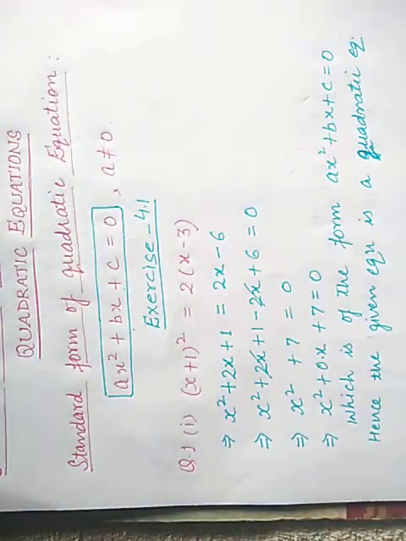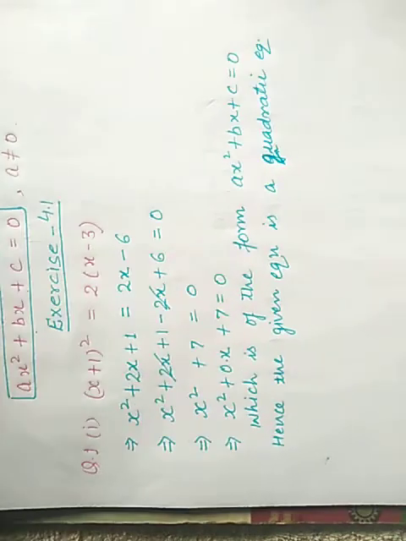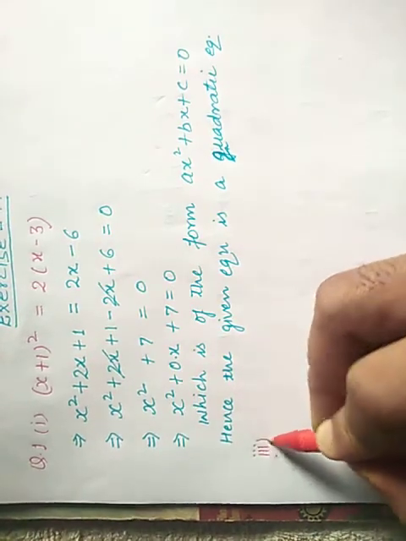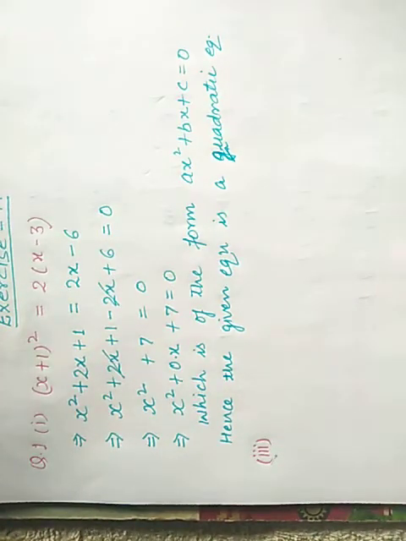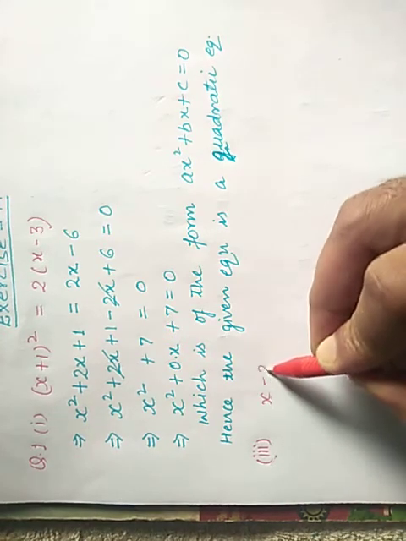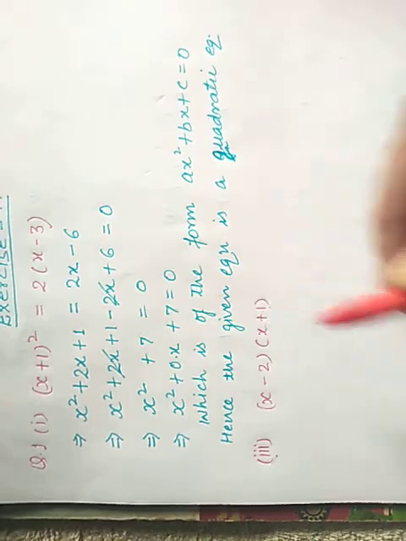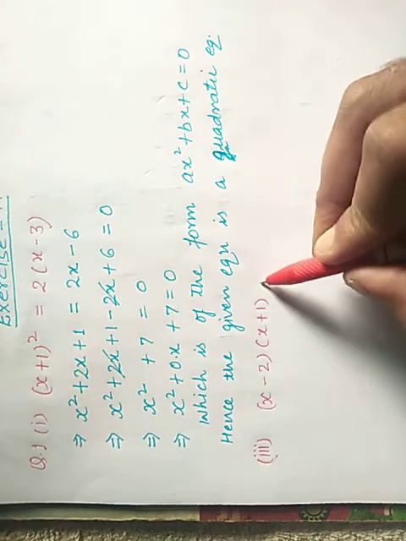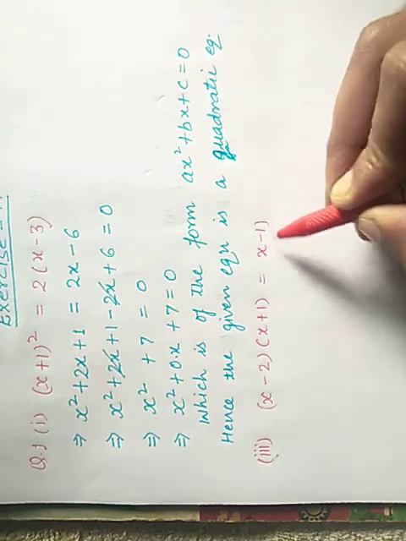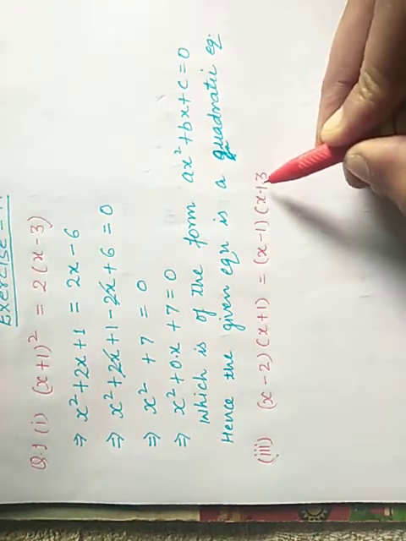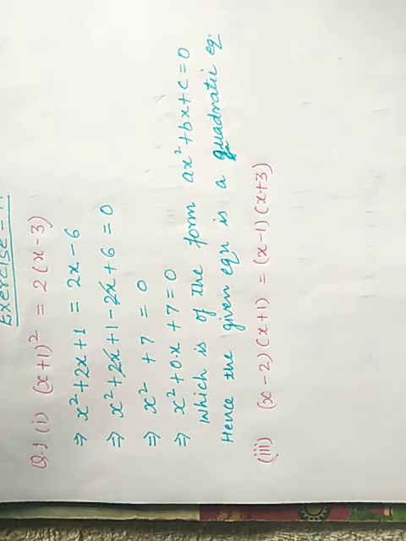Okay, so here the third part is given as x minus 2 into x plus 1 is equal to x minus 1 into x plus 3, right?